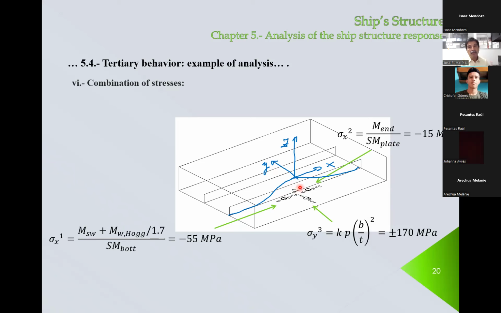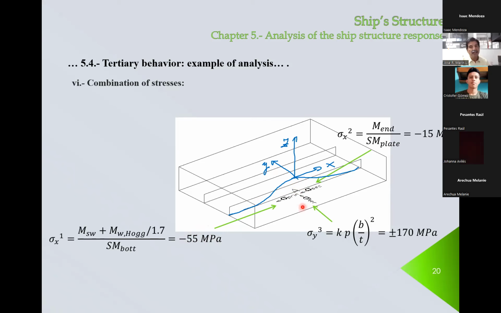Okay. For example, it would be a good idea for you to do it in the flange. In the flange, you will have a longitudinal stress, and also you will have this stress. So the two will be combined. But there will be no tertiary stress.